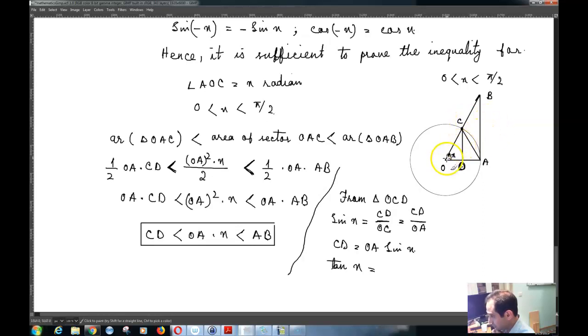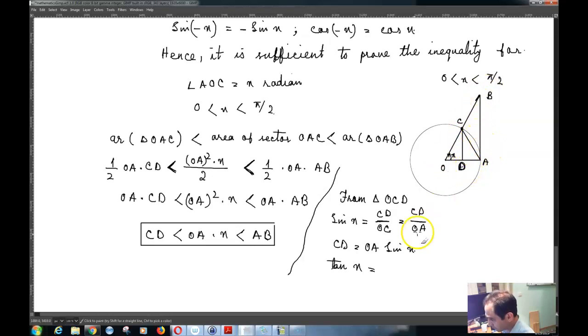The tan of an angle is simply a ratio, so you can take the X in this triangle OCD, or you can take it in this triangle OBA.